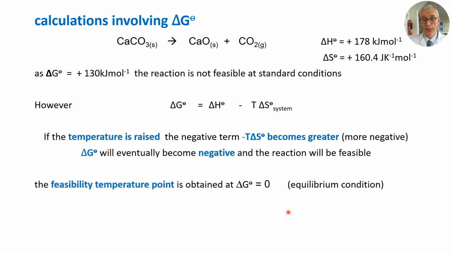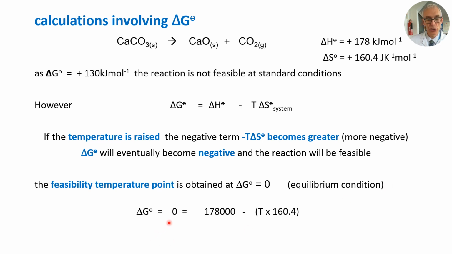How do we determine that temperature? Well, we know above that temperature the reaction will be feasible because delta G will be negative. Below it, delta G is positive. So at that temperature, we say that delta G is equal to 0, and we say the reaction is at equilibrium.